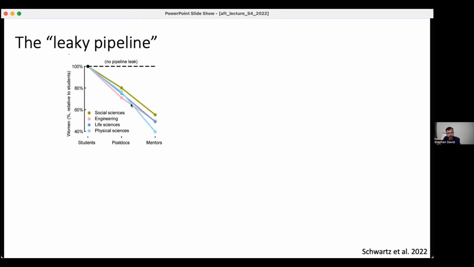We can ask, how many of them become postdocs? How many of them become mentors? What you can see very clearly here is that the ratio of women to men decreases successively at each stage of the career. That's this idea of the leaky pipeline, where for whatever reason that isn't completely understood, women are choosing to stop pursuing careers in science at each stage of the training.